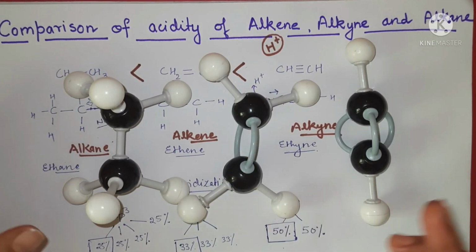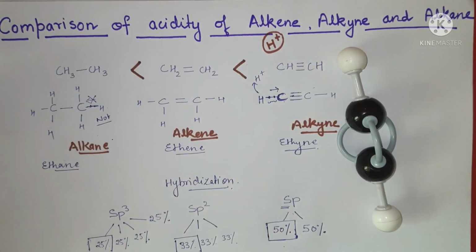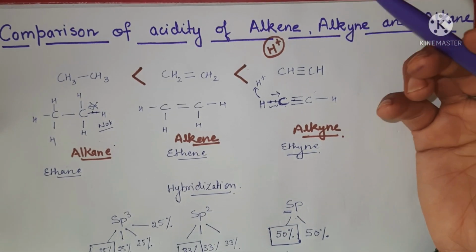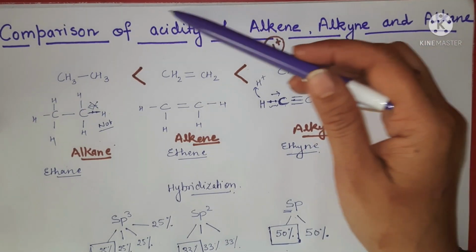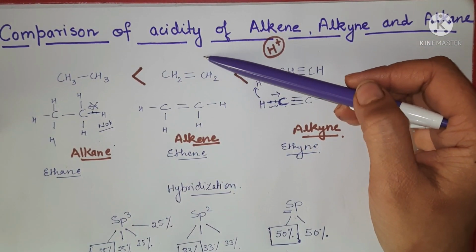So do imagine these molecules and understand the concept of hybridization, as hybridization affects the nature of the molecule. Here you can see hybridization is involved in the effect on acidity also.